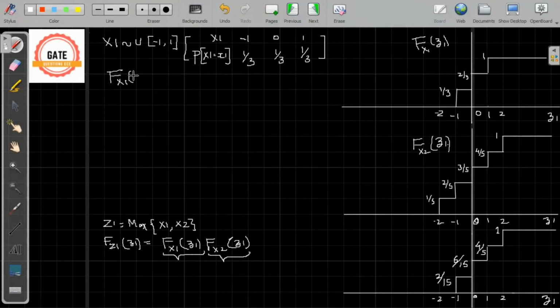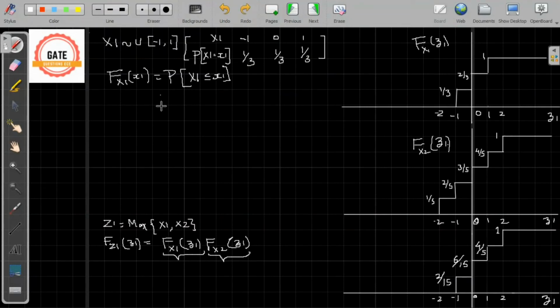F_X1 of some sample value x1 is nothing but the probability that X1 is less than or equal to that sample value x1.